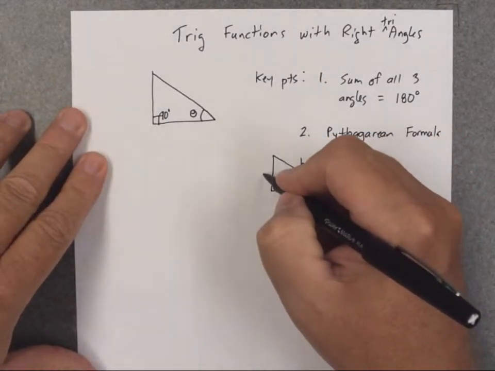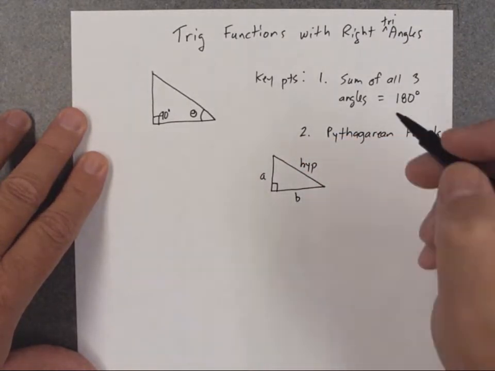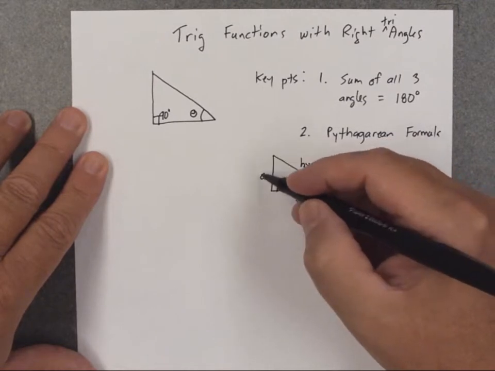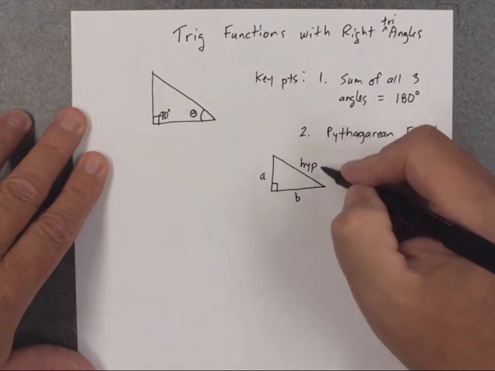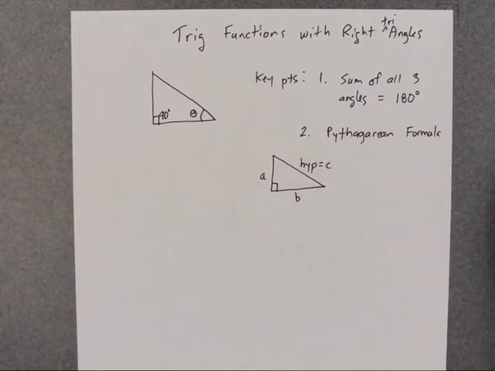And then these two sides are called the legs. Normally the length of the first leg is called A, the second leg is called B. And normally the length of the hypotenuse we just call C.